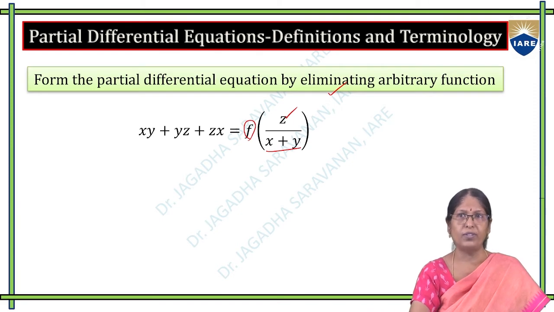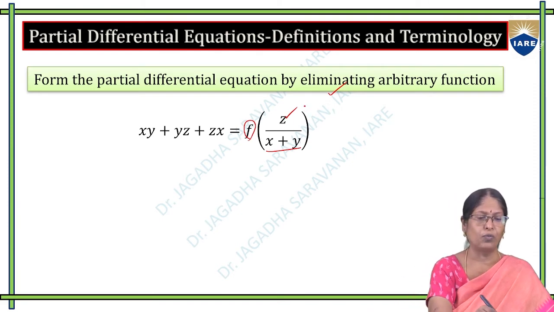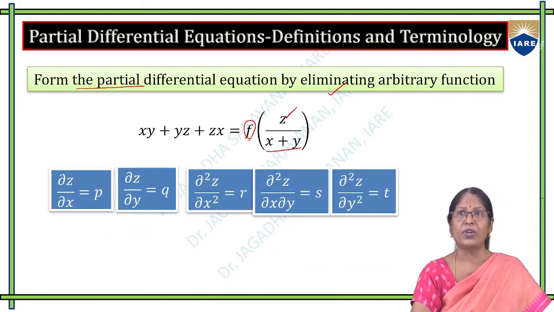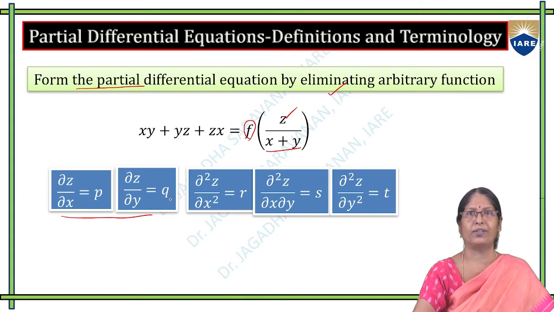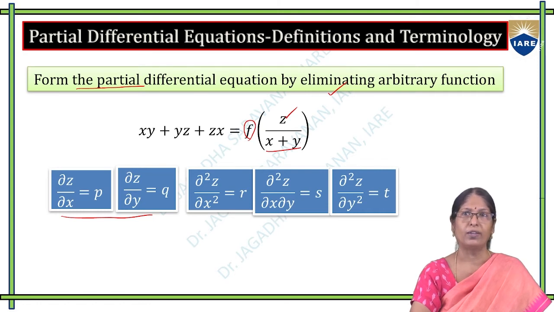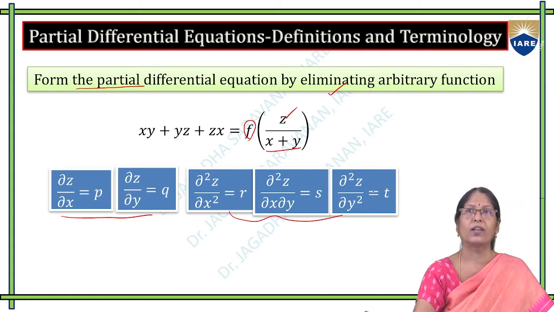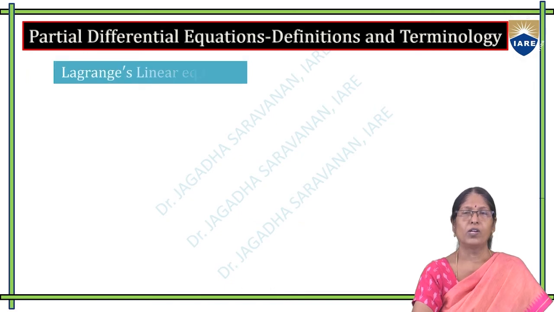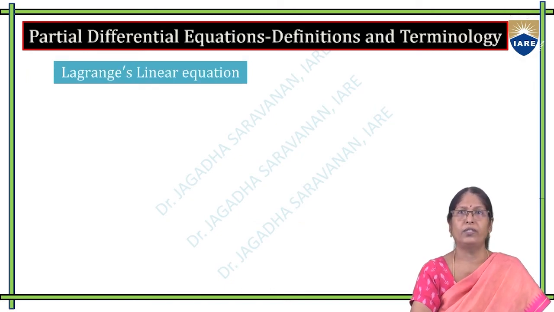For that, the notations: the first order, P, dou z by dou x, and Q, dou z by dou y; the second order related ones, R, S, T. So, to form PDE, eliminating arbitrary constants and functions, we discussed it.